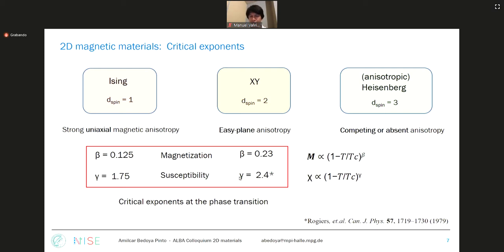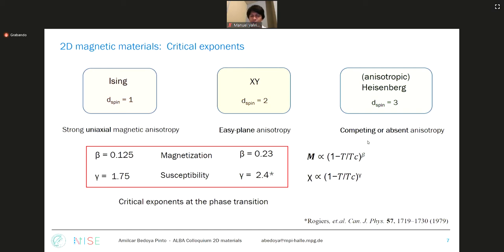You have, for example, order parameters such as magnetization or susceptibility that will decay with a power law close to, in this case, the magnetic phase transition, and it will be characterized by an exponent. In this case, beta and gamma are particular for these two quantities. And depending on what kind of exponent you get, you can easily classify which regime you are in for these magnetic materials.